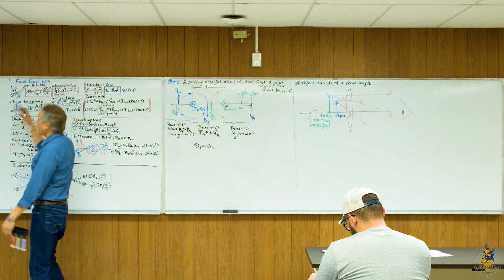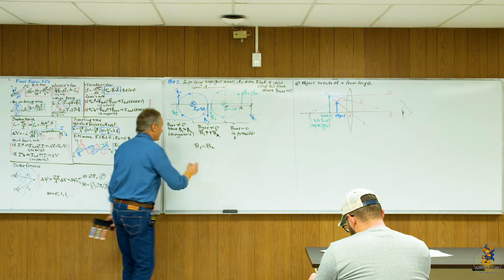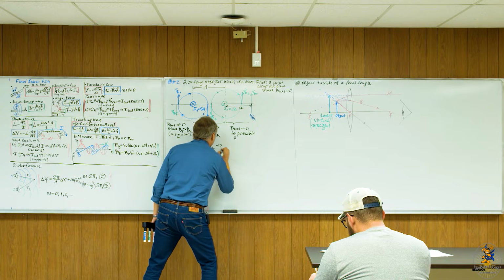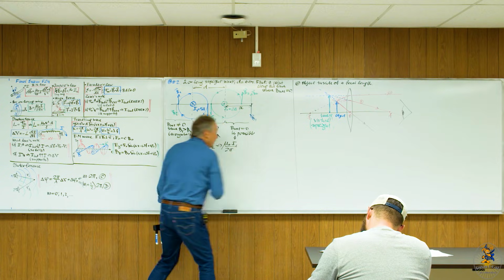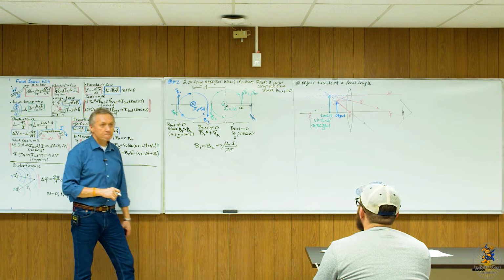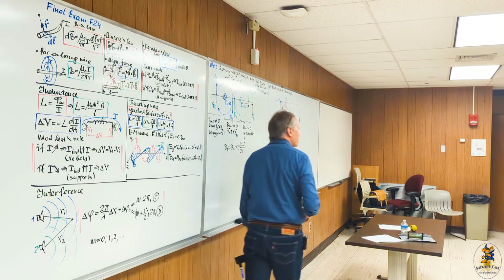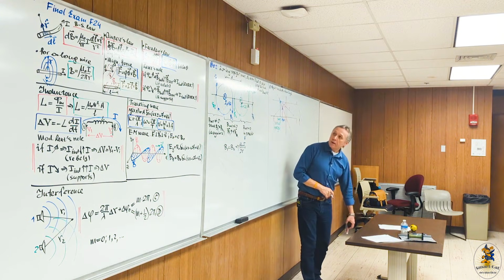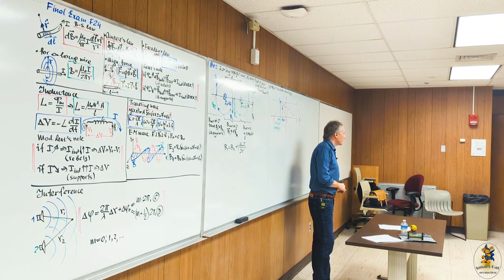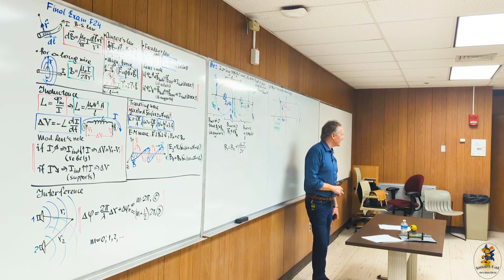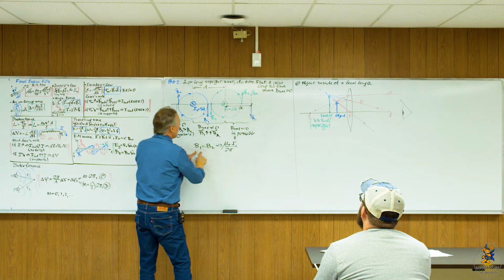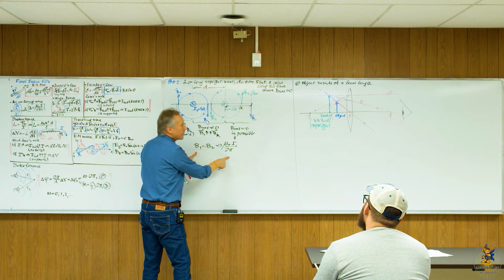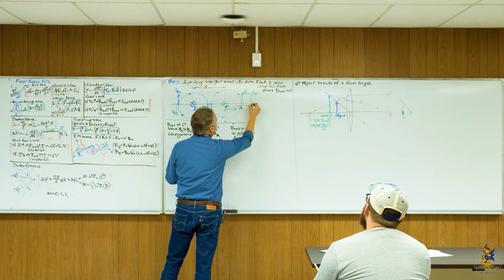The formula is given: mu naught I over 2 pi r. So it's mu naught current I1 divided by 2 pi. Which distance? This is B1, at this point.